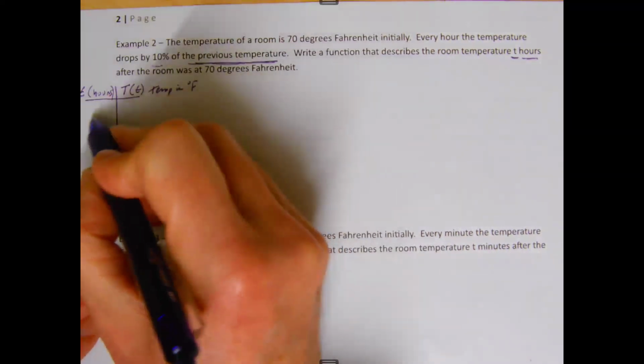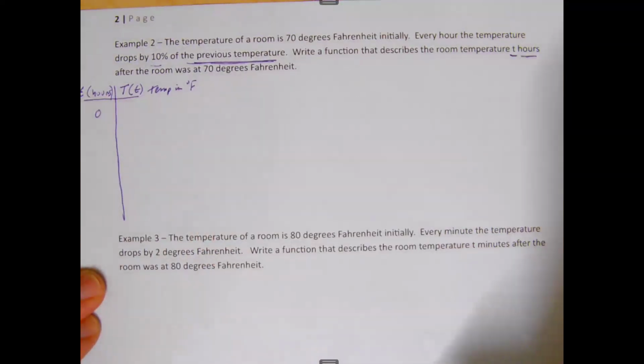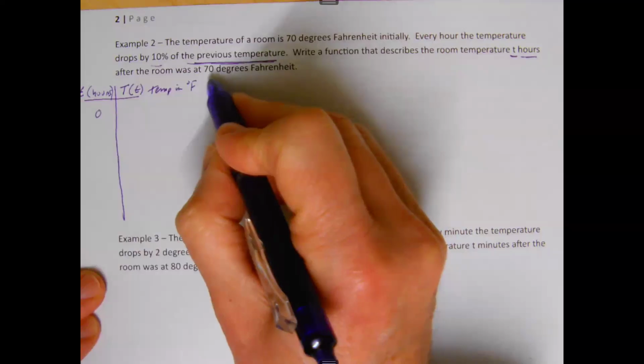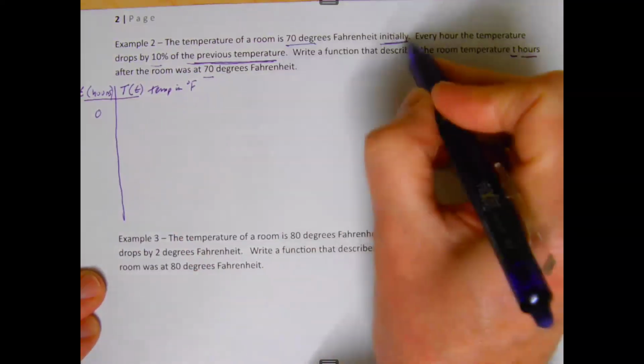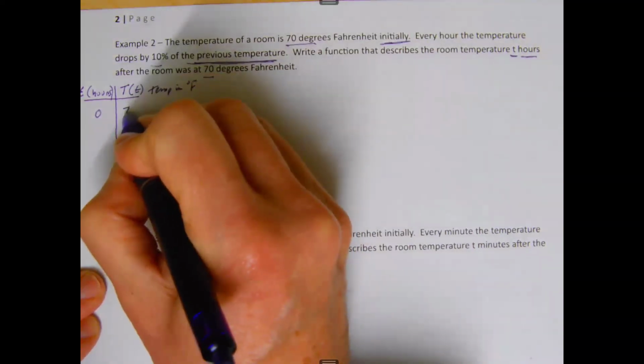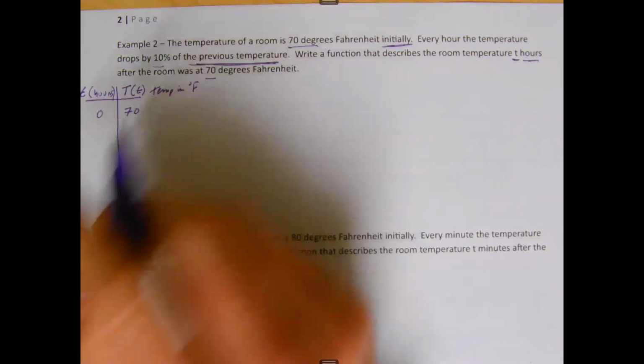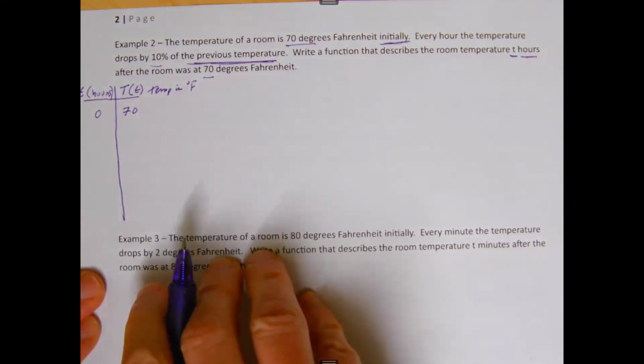All right, so at 0, it says the room temperature was 70 degrees initially. So we're at 70 degrees Fahrenheit. Great. Well, what happens now?